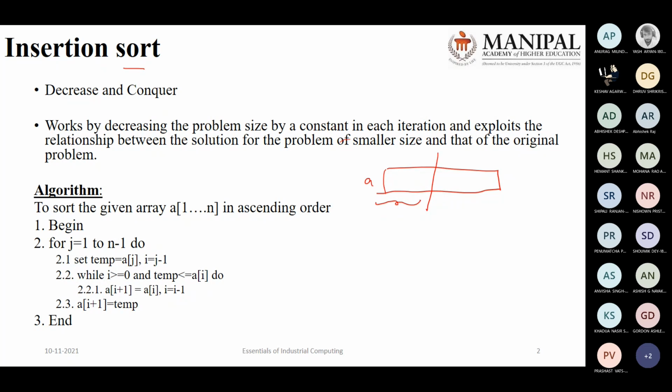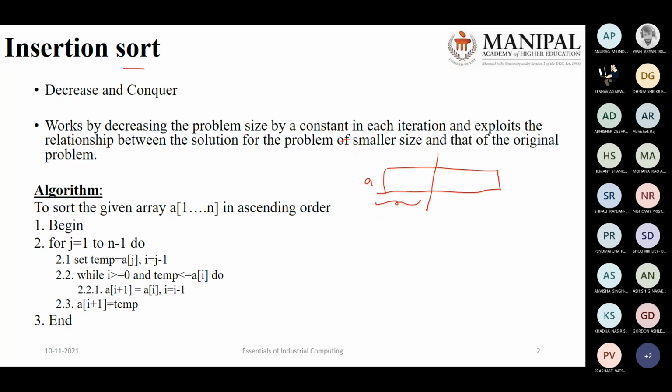Now you can look at the algorithm. If you have understood the illustration part of it, you will understand the algorithm easily. You can see that there is one for loop running from 1 to n minus 1. The reason for running it from 1 is A of 0 is considered to be a sorted list, right?